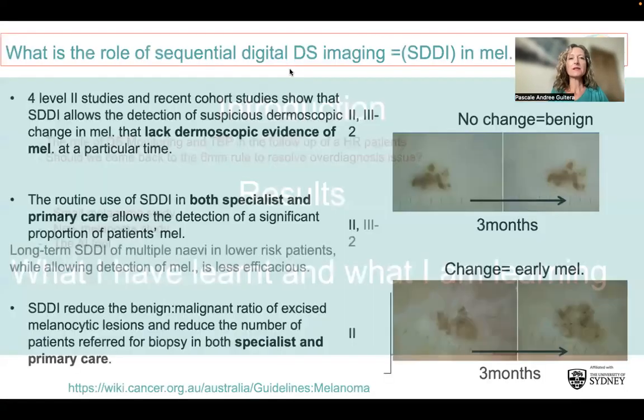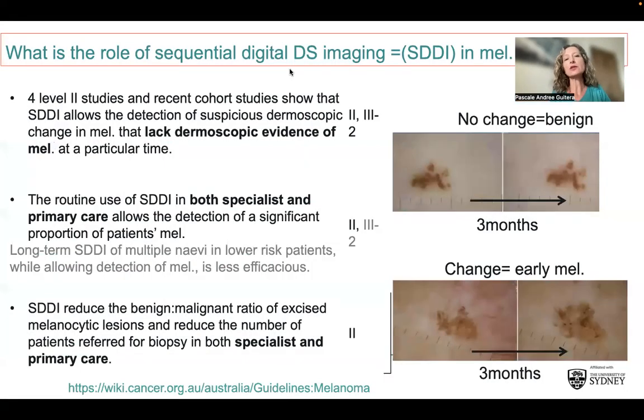So the role of sequential digital dermoscopy imaging, SDDI, in melanoma diagnosis has been well established more than a decade ago. And we know that we can detect suspicious dermoscopic change in lesions that lack dermoscopic evidence of melanoma.